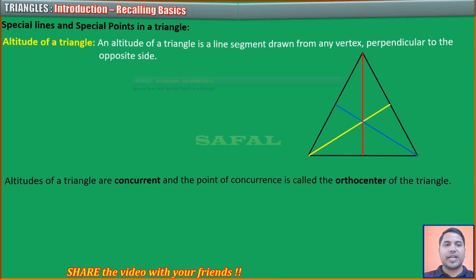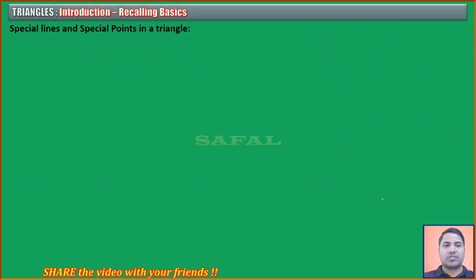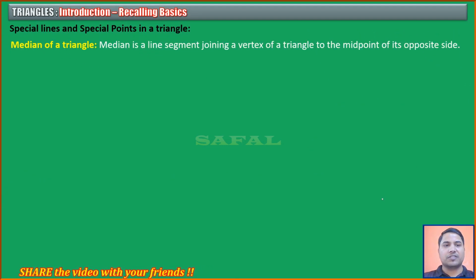Moving ahead, the next important line we have is the median of a triangle. Now what is a median? A median is a line segment joining a vertex of a triangle to the midpoint of its opposite side. Very important. In the previous case we were dropping a perpendicular from the vertex to the opposite side.